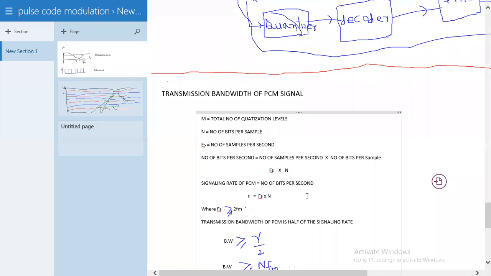The small r indicates the signaling rate of PCM, that is small r equals Fs into N, where Fs is greater than or equal to 2 Fm, where Fm is the frequency of the modulating signal.